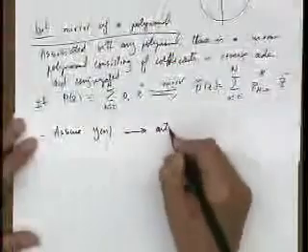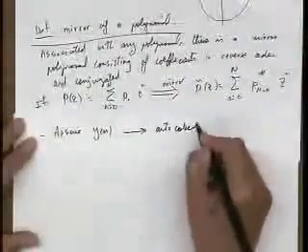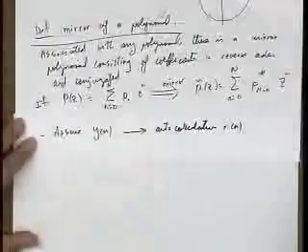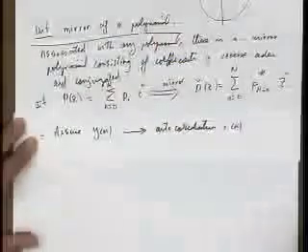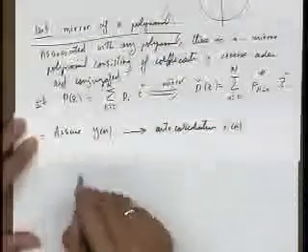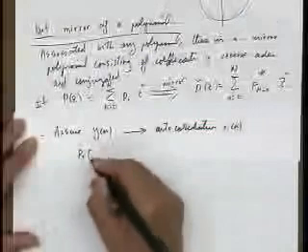If I assume I have a signal y of n that has autocorrelation r of n, and at this point it's not quite clear if y of n is the same as the x of n we started off with or not, then we can write down its associated polynomial Pr of z, which we introduced up here, as a product of a polynomial Py of z and the mirror of it, P tilde y of z.